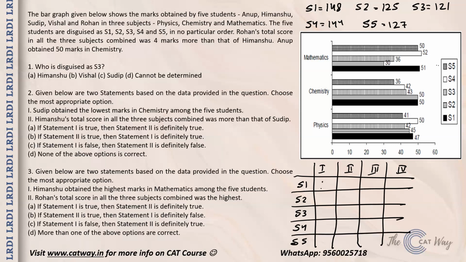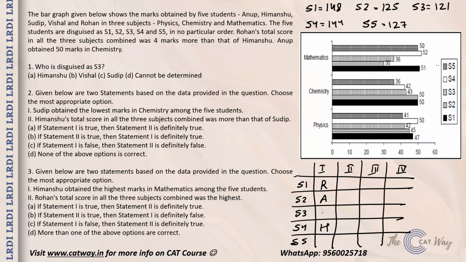In the first case, Rohan will be S1 and Himanshu will be S4. In that case, Anup is going to occupy the S2 position, right? But we do not know about the other two students, who are Vishal and Sudeep. So they can occupy S3 and S5 in any order, right?